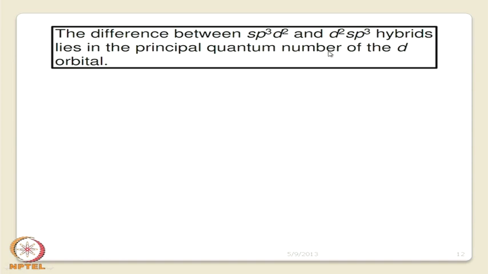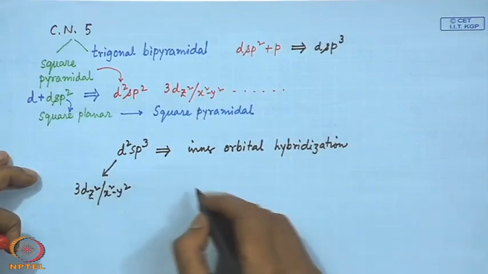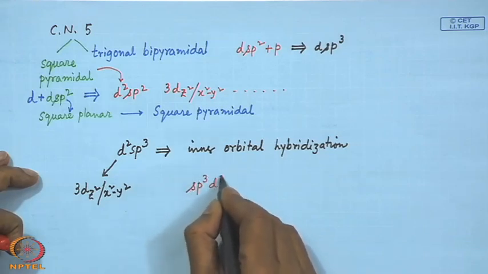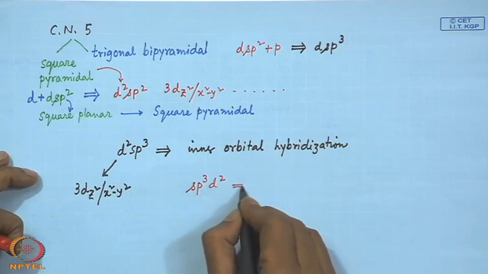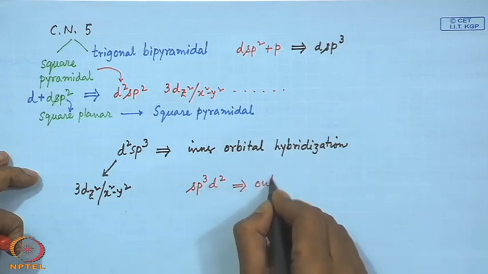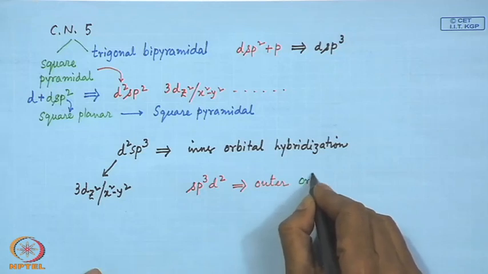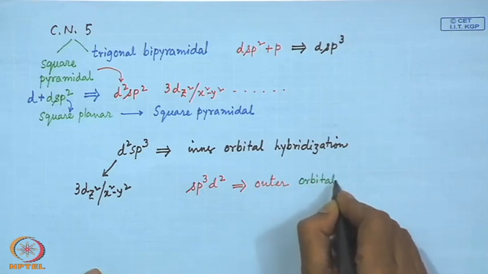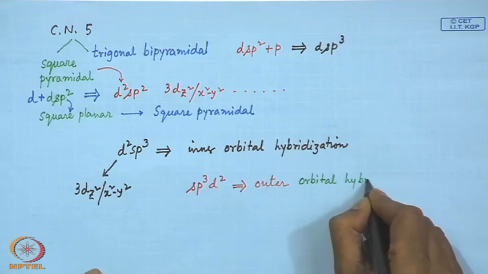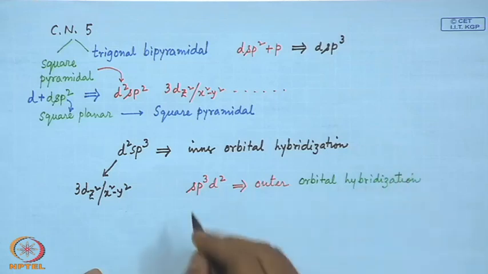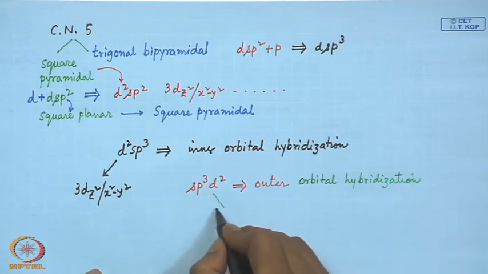In one case it is d2sp3, in another case it is sp3d2, which is our outer orbital hybridization scheme, and these are from the 4d level.